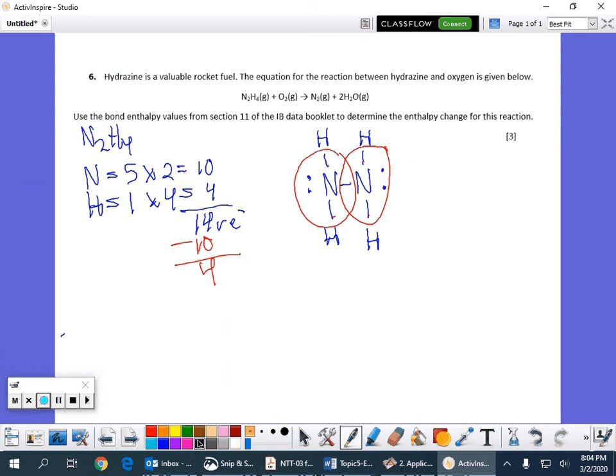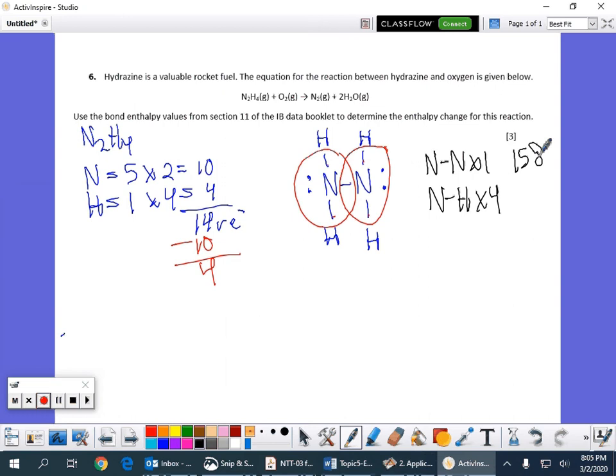So when we go back to looking at the number of bonds that we have, we've got 1 single nitrogen-nitrogen bond. We've also got nitrogen-hydrogen single bonds, and we have 4 of those. So if we go to our bond enthalpies table, Table 11 in our IB data booklet, we look in our single bonds chart and we find nitrogen and nitrogen, and that's going to give us 158 kilojoules per mole.